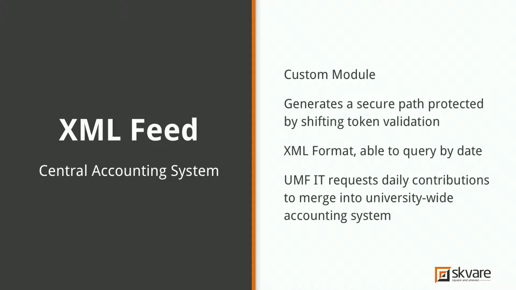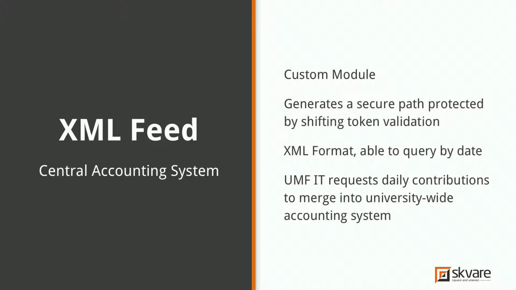The other nice part here is with this particular system is they can actually query it by date. So within the path, there's specific parameters that if they pass those parameters along with that token validation, by default, every 24 hours they're pinging the system and getting the feed. But let's say their system goes down for maintenance and misses the window through which it normally requests the data.